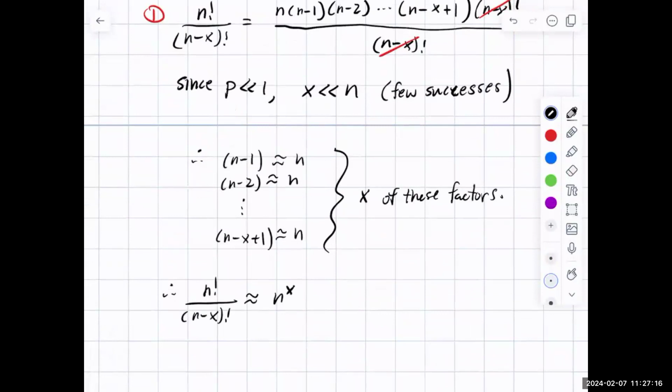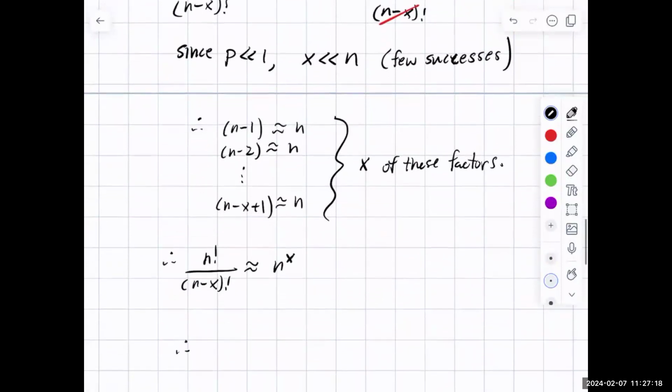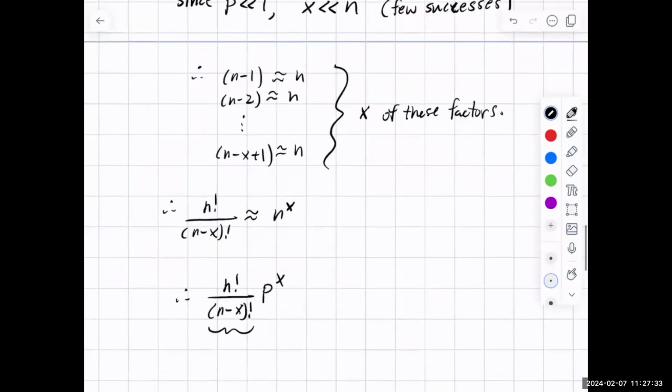All right. So therefore, when we see this N factorial over N minus X factorial, and then if we multiply that by P to the X, all of this is N to the power X times P to the power X. So this is equal to N times P to the power X. But N times P was just the average value.